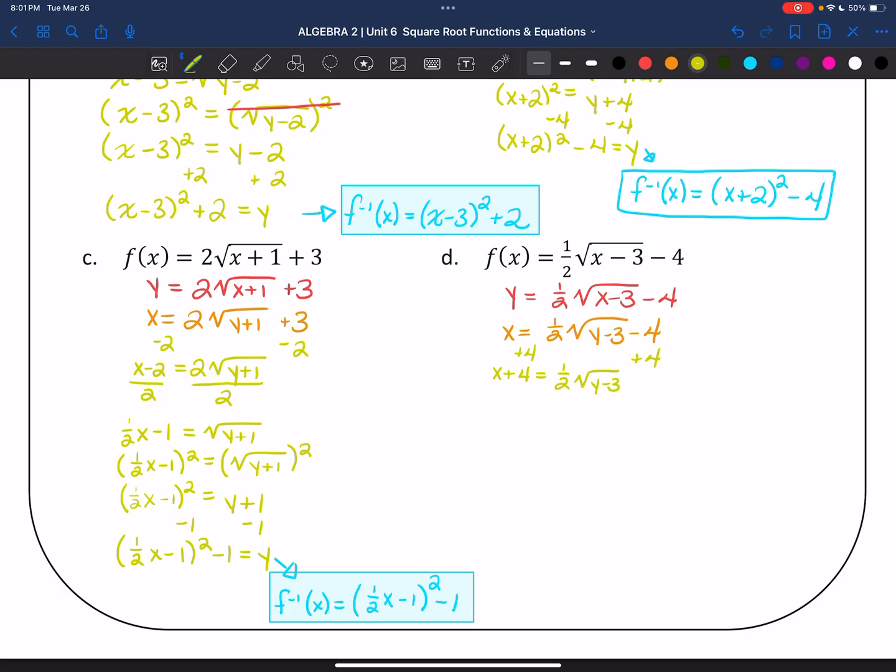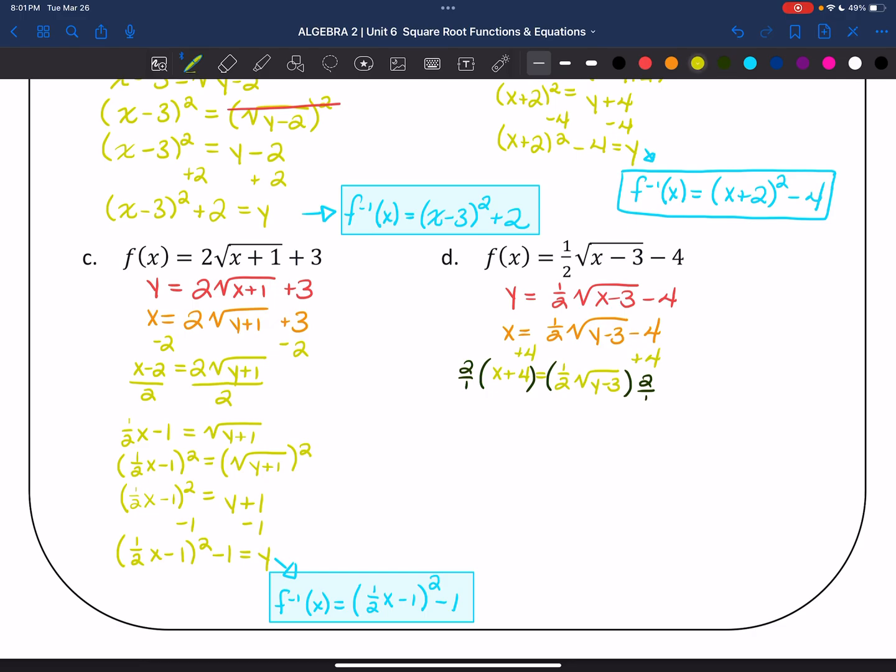And then in front, I have this 1/2. 1/2 is multiplying, so I'm technically dividing by 1/2. But remember, instead of dividing by fractions, we always want to multiply by their reciprocals. That's to multiply by a 2/1.